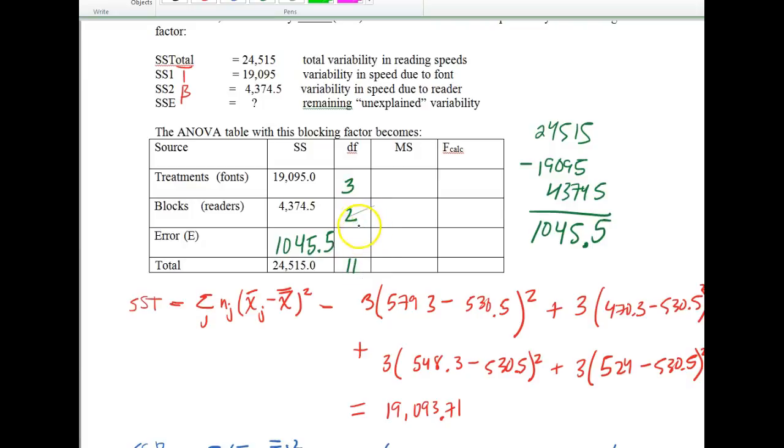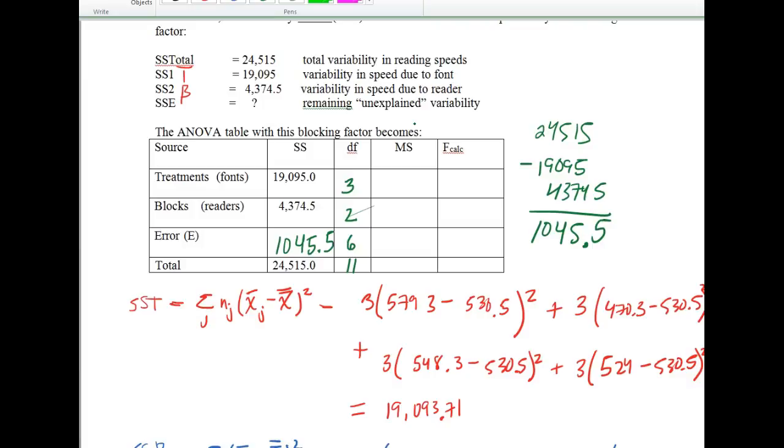And then similarly, we can find out what the degrees of freedom for the error is just based upon minusing. So 11 minus 3 minus 2 is equal to 6. It's very easy to come up with that. Now, all we have to do then is run our calculation.